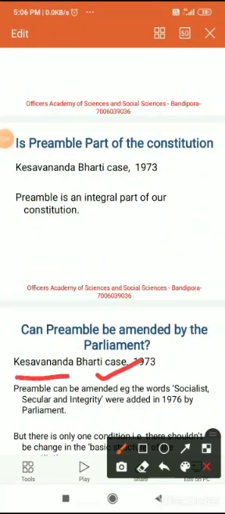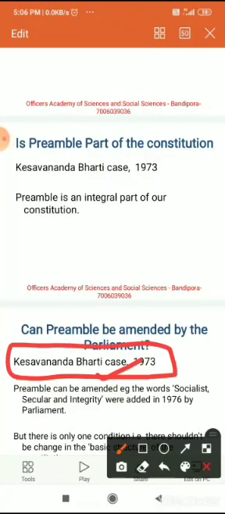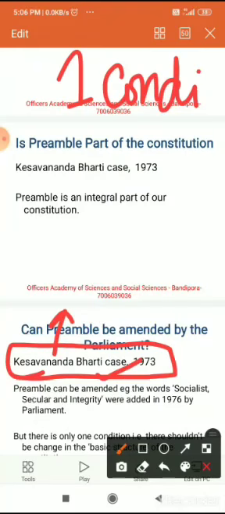But the Supreme Court in this case, Keshavananda Bharati case, has laid one condition. It has laid only one condition, and this is very important.